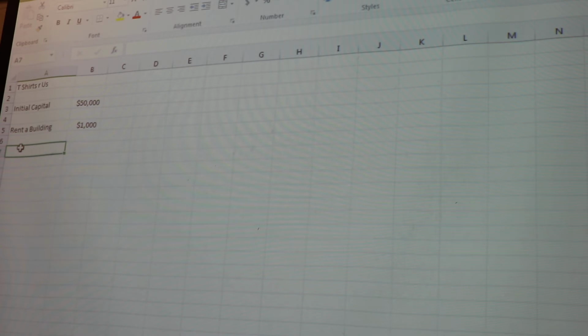We're going to have to buy things. Material. Yeah, so let's put stuff we buy. We're going to buy shirts, ink, and supplies.